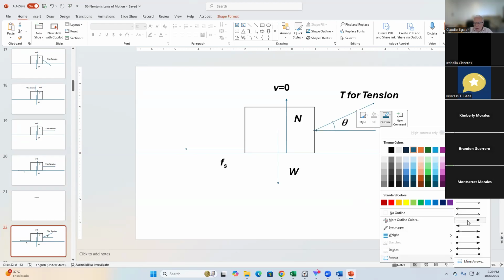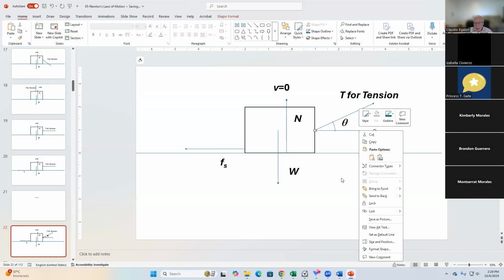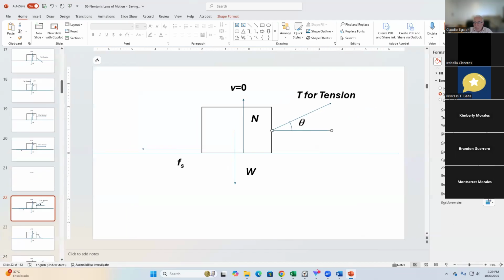Let's see, format shape. And the other one, good. It has this horizontal component, and it must also have a vertical component, right?